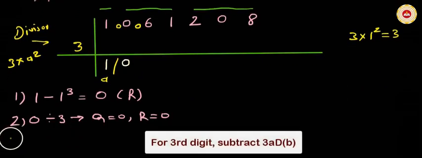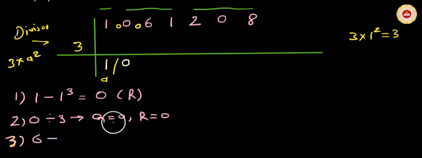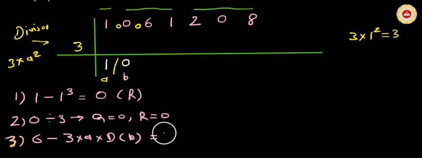Step number 3 is subtract: 6 minus 3 multiplied by A multiplied by duplex of B. This is digit B, which is 0 here. So 6 minus 3 multiplied by, what is A? A is 1, multiplied by duplex of B. What is B? B is 0.